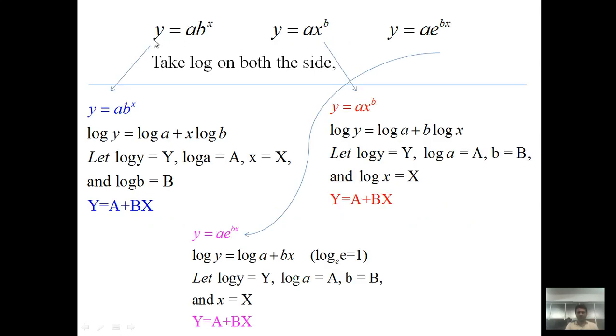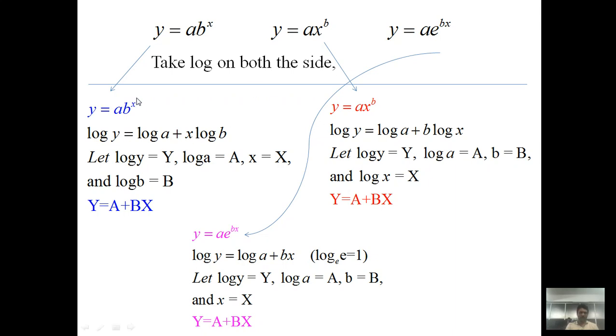So precisely, let us talk about the first form, y is equal to a into b raised to x. Now apply log on both sides. The left hand side is log y, equal to log of a into b raised to x. But we know the property of logarithm: log of a into b is written as log a plus log b.